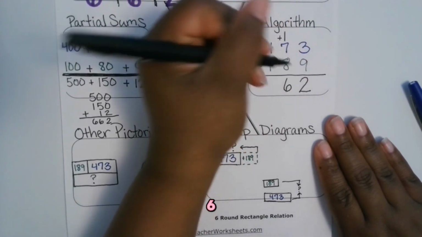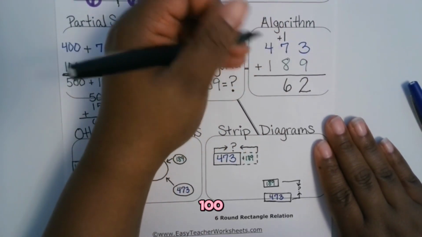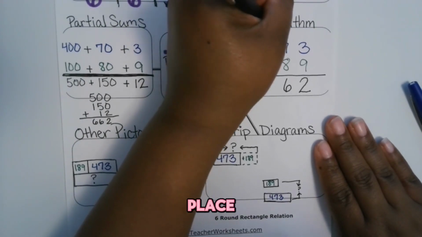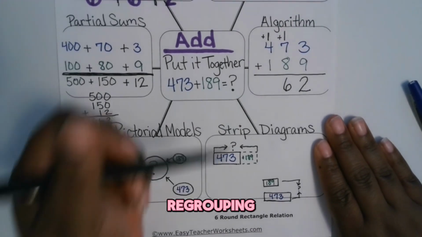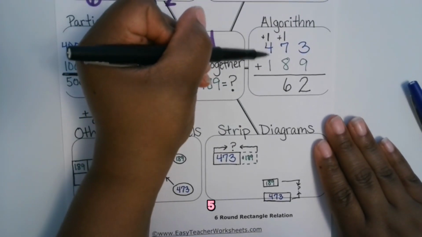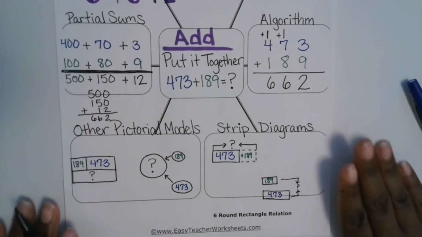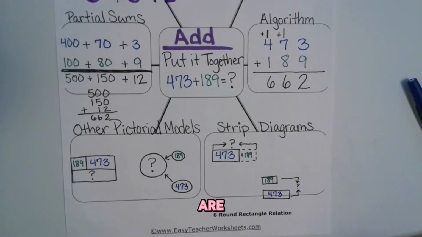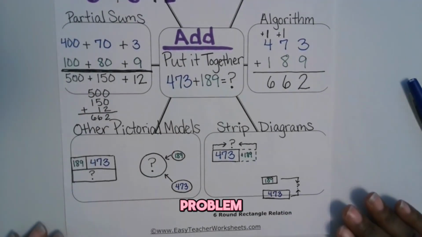So my 6 will remain in the tens place. The 10 tens that make 100 would move over to the hundreds place. So I'm going to put plus 1. And again, add that regrouping first. 1 plus 4 is 5, plus 1 is 6. And those are our multiple representations of this same addition problem.